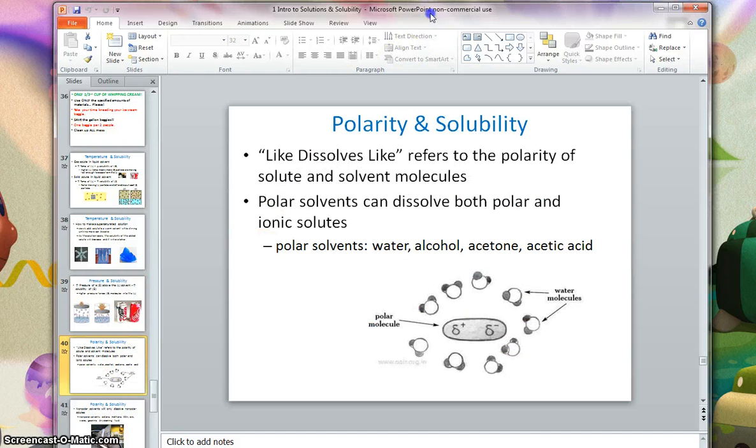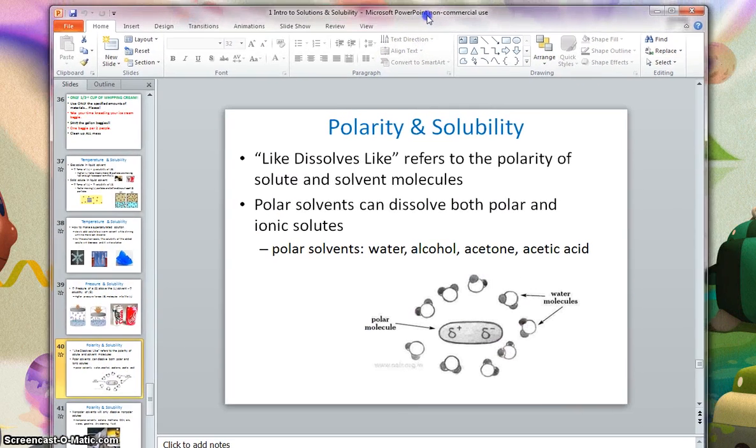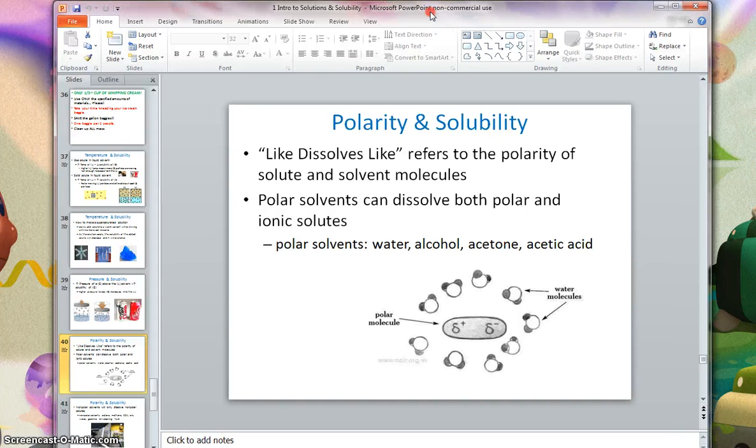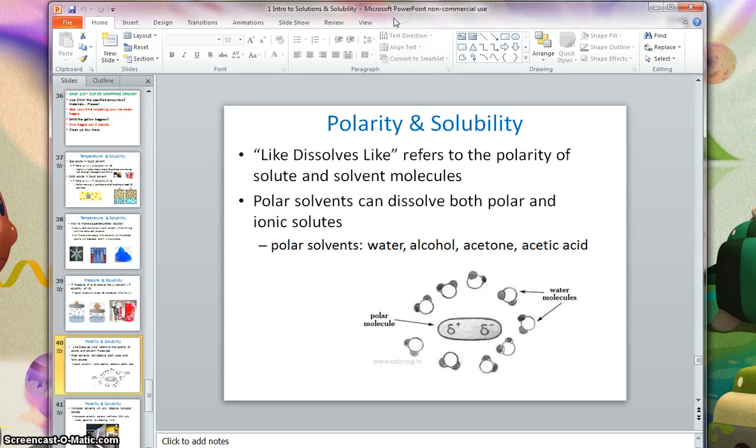Next is polarity. For polarity, we didn't go over what exactly that means. I'm just going to tell you what polarity is, but we're going to go over it second semester. So I'm going to give you a very, very basic definition, in layman's terms.